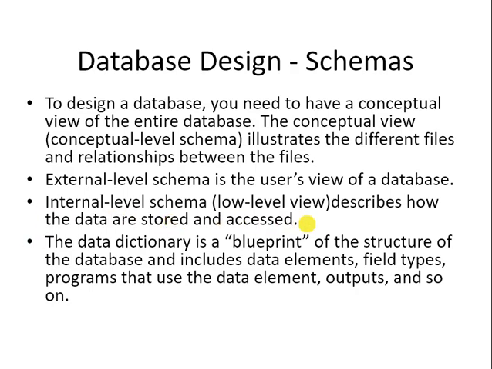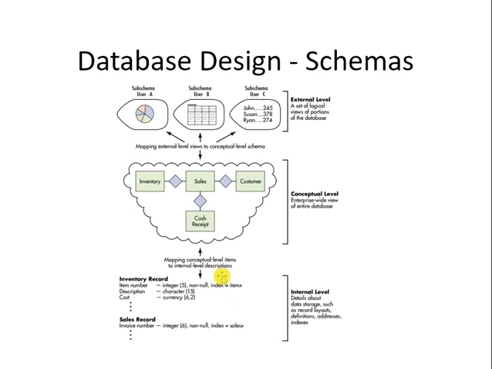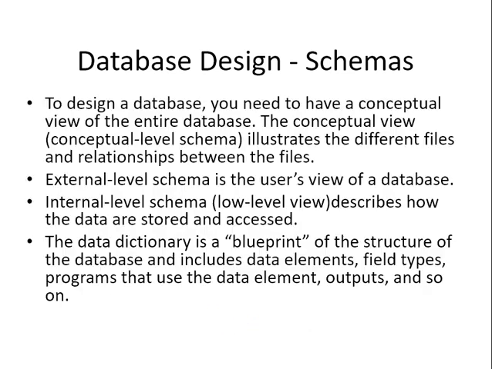This is a low level view, which describes how data are stored and accessed. Basically, we give the details about the data storage, such as record layout, definitions, addresses, indexes. These are internal level schemas.